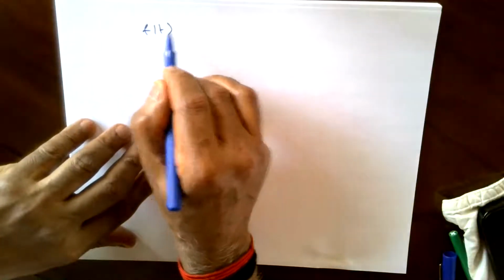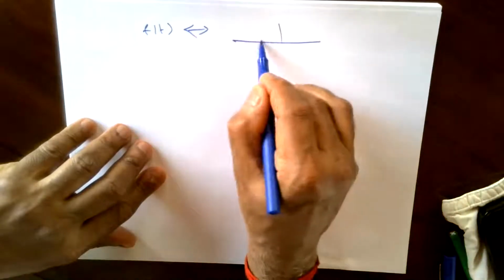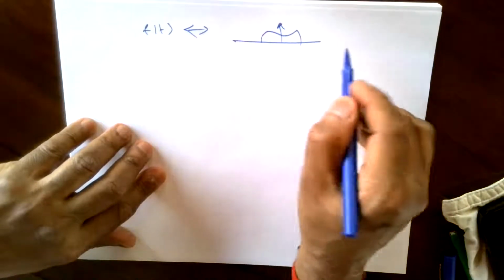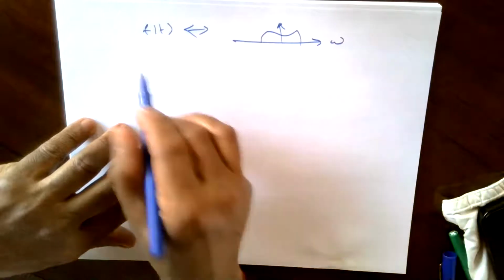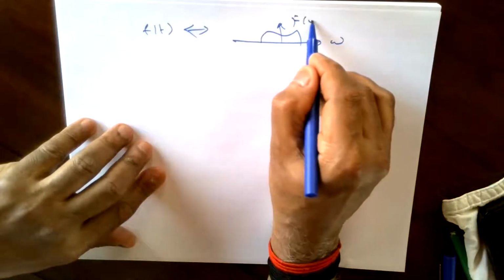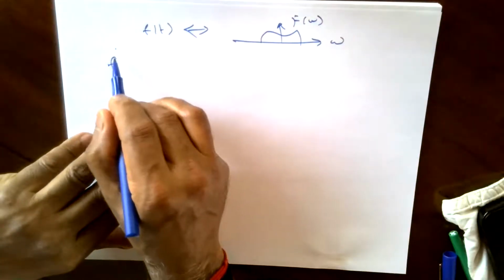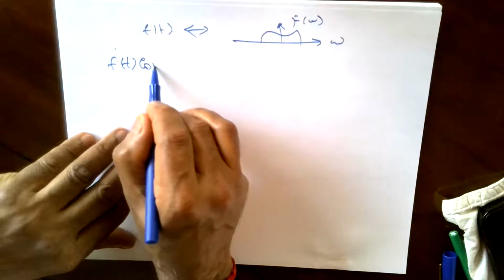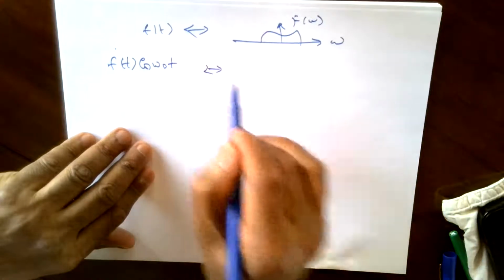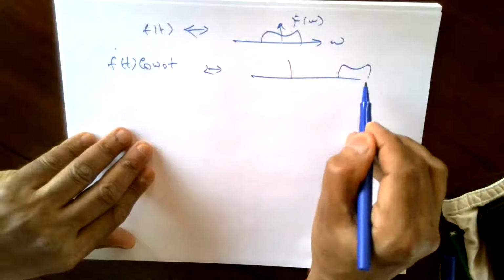So the application, of course, as I mentioned, is if ft has a transform which is band limited. So this is f of omega. If you do ft cos omega naught t, it is a double sideband modulation.